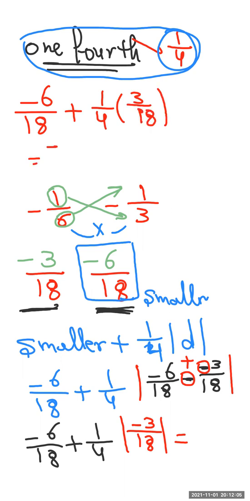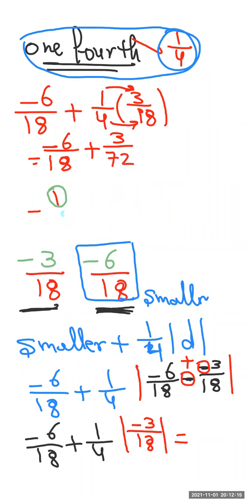So now, -6/18 plus 1 times 3 equal 3, over 4 times 18, it's 72. What will be the next step? Unify the two denominators. So what will be the new denominator?